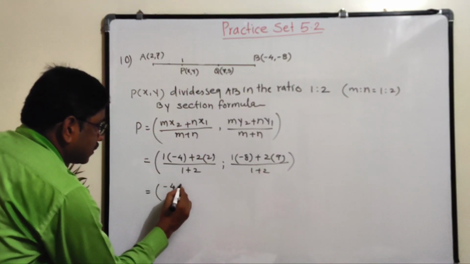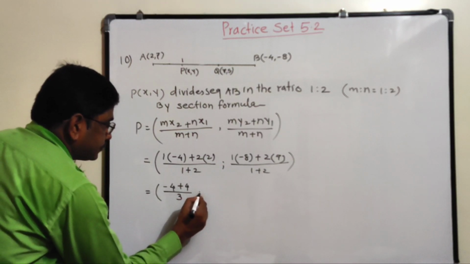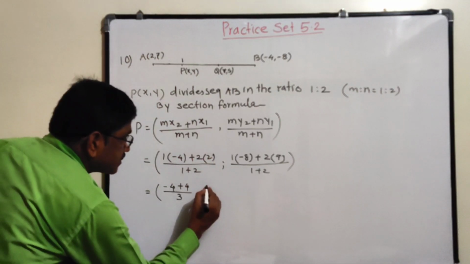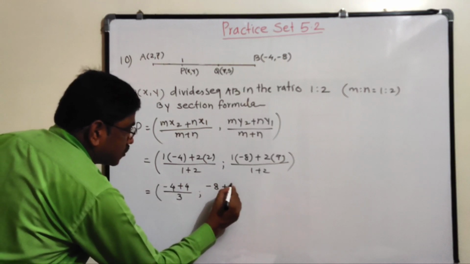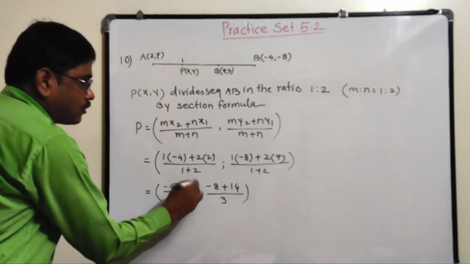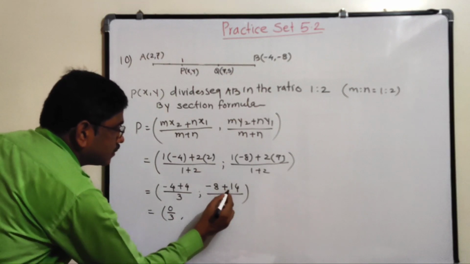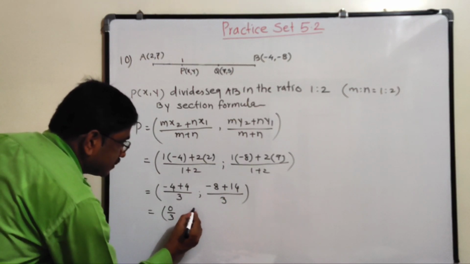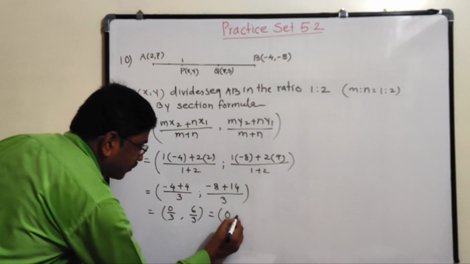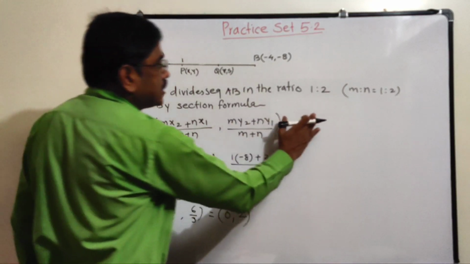Minus 4 plus 4 divided by 3, and here minus 8 plus 14 divided by 3. So here minus 4 plus 4 is 0 by 3. And here 14 minus 8 is 6 by 3. So the coordinates of P are (0, 2).